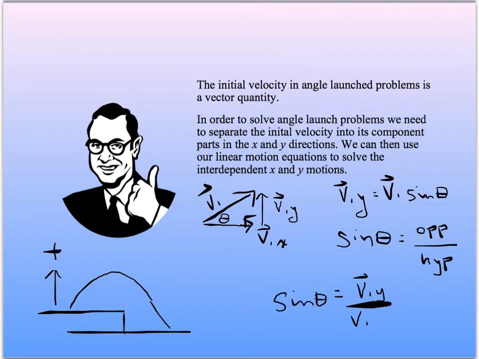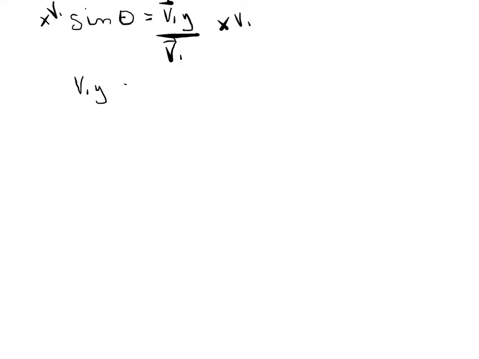Sine theta equals v1y over v1, so we can rearrange that to solve for v1y. Multiply both sides by v1, and v1y will equal, after these cancel, v1 sine theta.